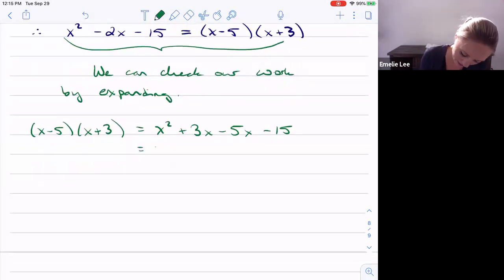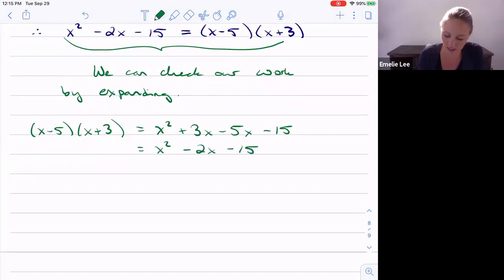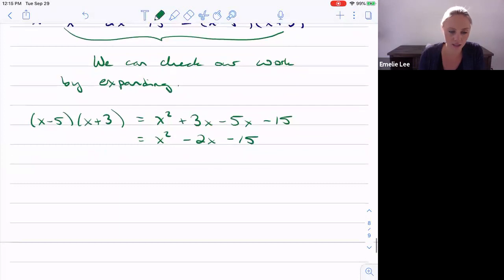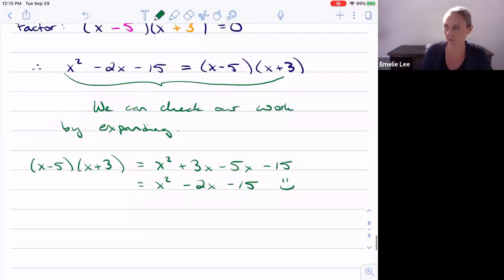Once I simplify, I get x squared, 3x minus 5x is negative 2x, minus 15. Ta-da! So it worked out.